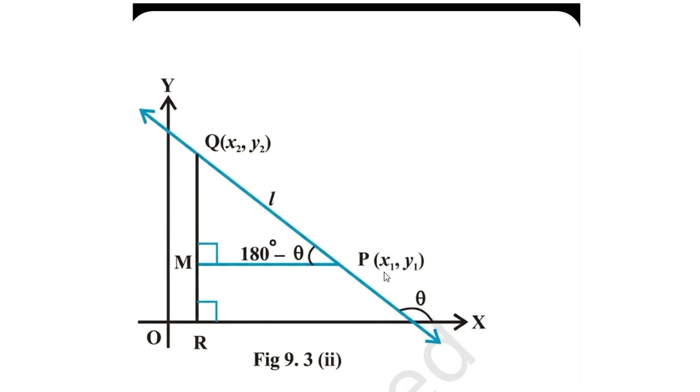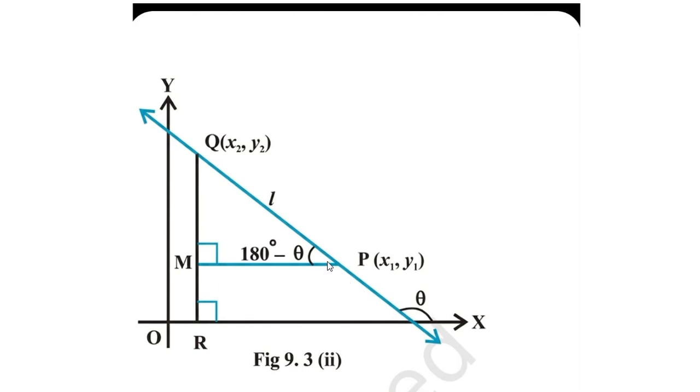In that case, MQ divided by MP will give the same thing, y2 minus y1, because in this case also MQ divided by MP gives the same ratio. This becomes y2 minus y1 only, because of what MQ is here and what MP is here.